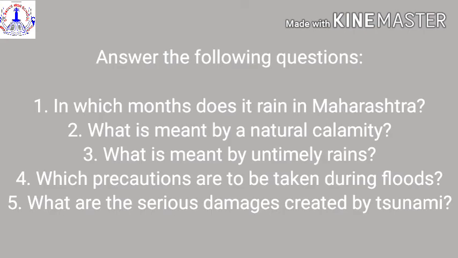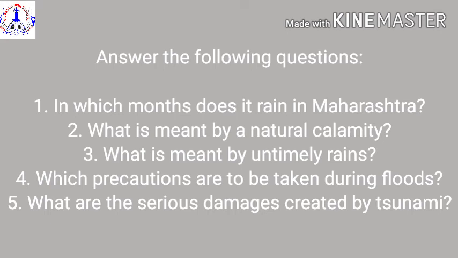The next heading is Answer the following questions. So let's see, students. Question number 1. In which months does it rain in Maharashtra? Question number 2. What is meant by a natural calamity?